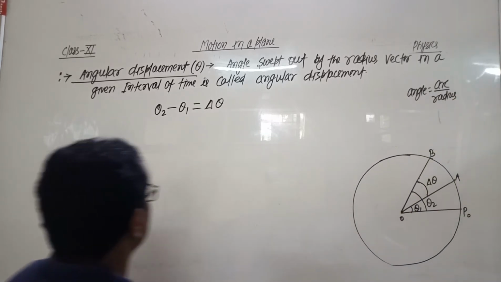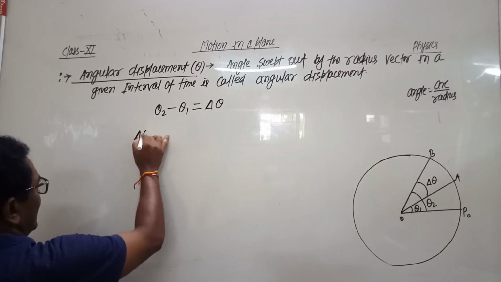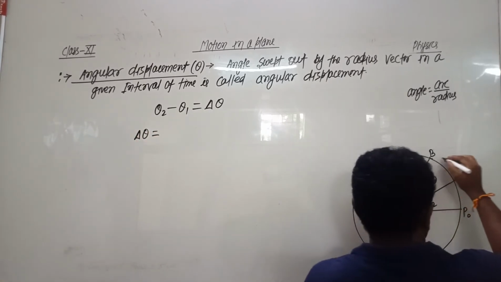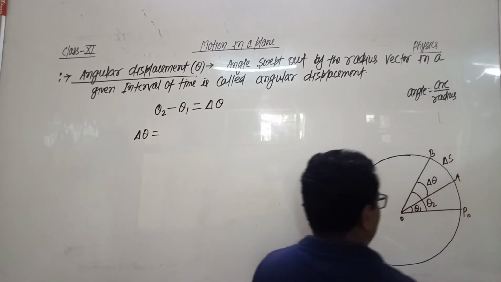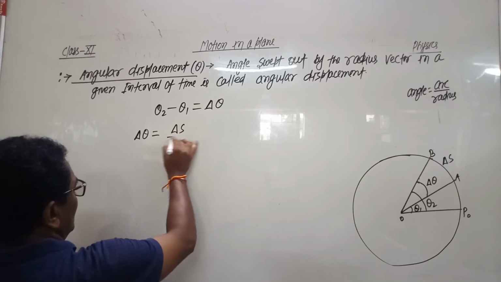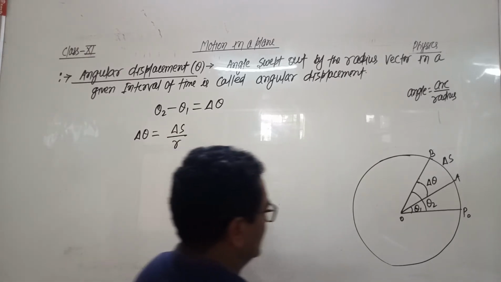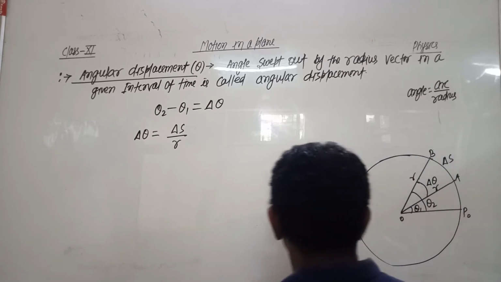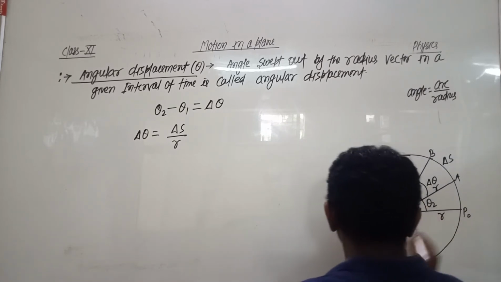So the angle here is delta theta, and delta theta equals the arc, and suppose arc AB is represented by delta S. So delta theta equals delta S by R, and R is the radius. OA, OB, OP naught, all these are the radius.